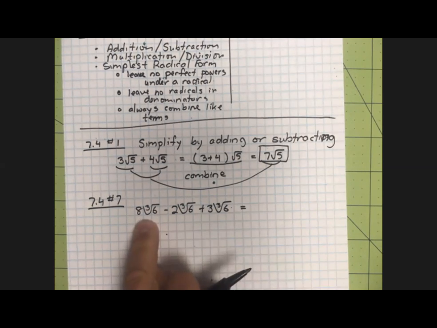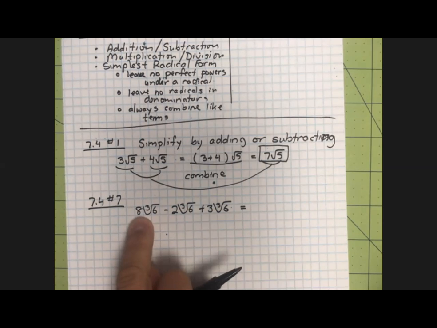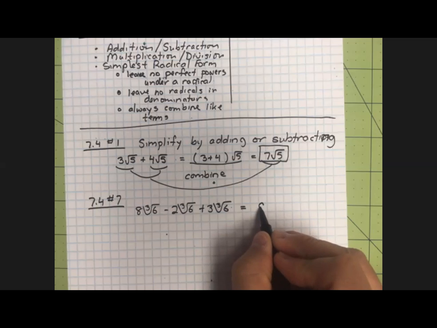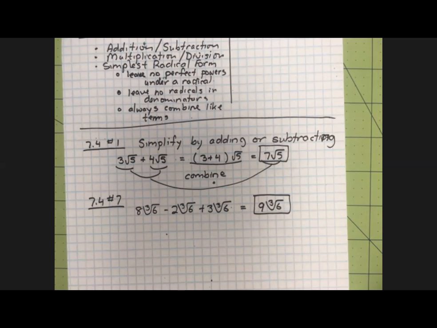All I'm asking you to do is total the things that I have here. 8 of these minus 2 of these, that would be 6 of them. And 6 of them plus 3 of them would be 9 of them. So I have 9 times the cube root of 6. I'm not doing anything but combining like terms.